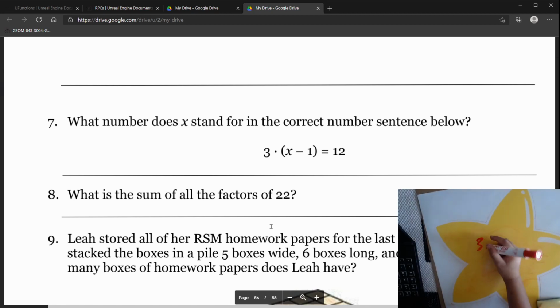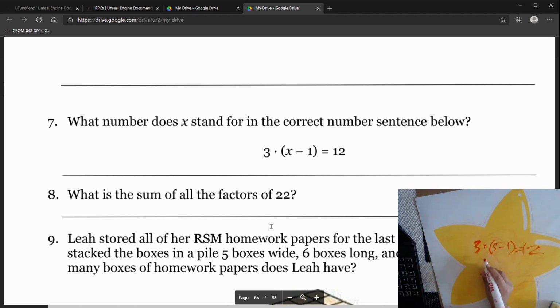So 3 times 5 minus 1 equals 12. Okay, so that's basically 3 times 4 equals 12, which is true. So the answer would be 5.